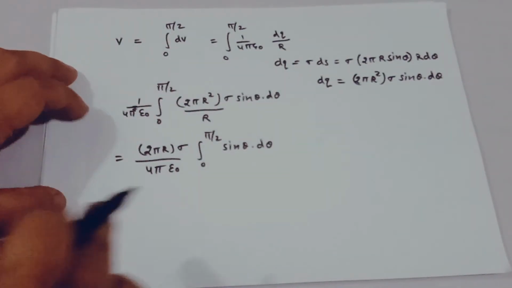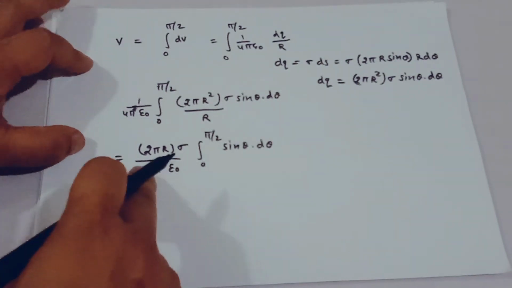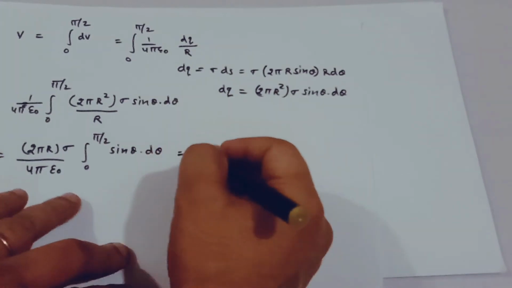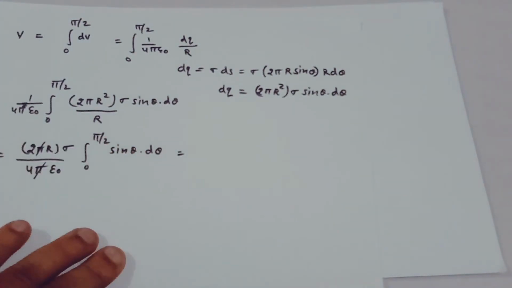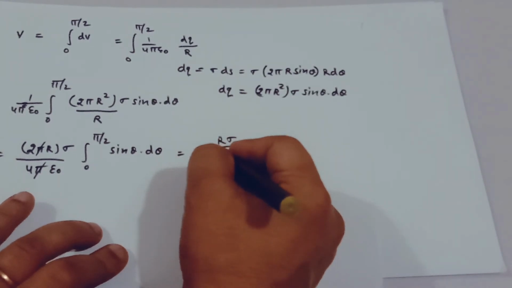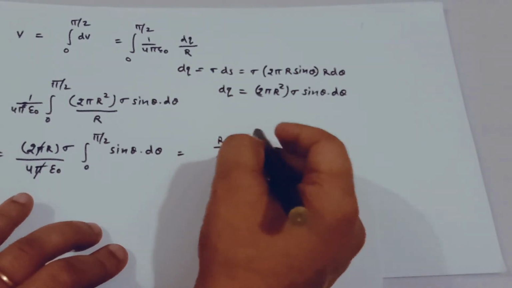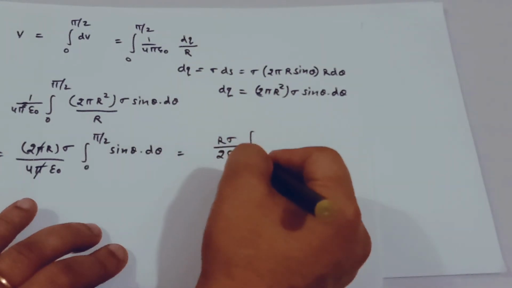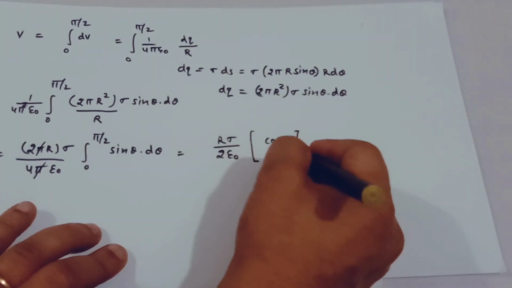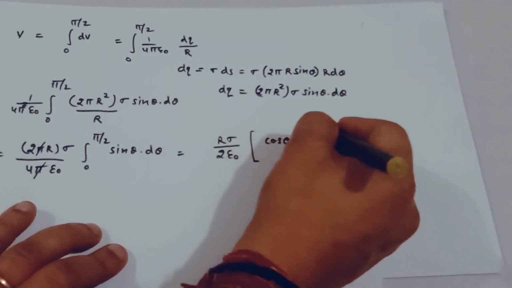That is very simple. Cancelling some of these terms, it becomes R sigma upon 2 epsilon naught, and when you integrate that one, it becomes cos theta, with limits from 0 to pi by 2.